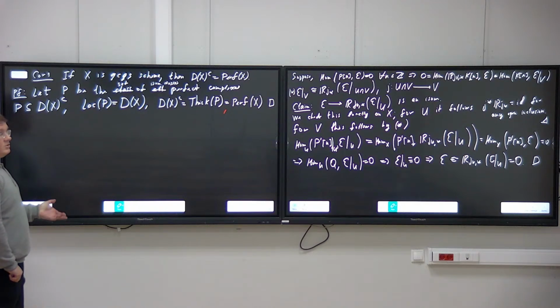You could do the shifts, which is trivial. You can take a distinguished triangle with two vertices being in P, which means they're perfect, so then the third vertex is also perfect. Or you can take a direct summand, but a direct summand of a perfect complex is again perfect.